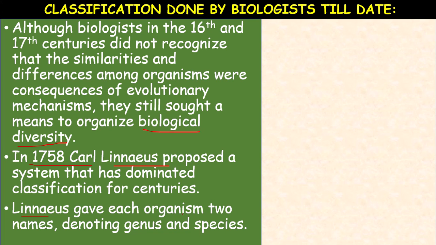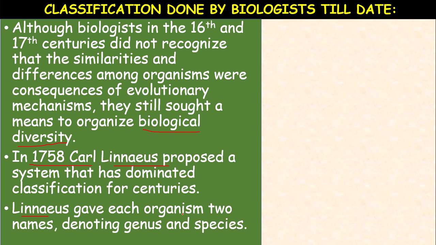Systematics can be defined as the science that deals with the diversity of organisms and all their comparative and evolutionary relationships. What does the term systematics mean? It is defined as the science that deals with the diversity of organisms and all their comparative and evolutionary relationships. This definition is given by Simpson, 1961.